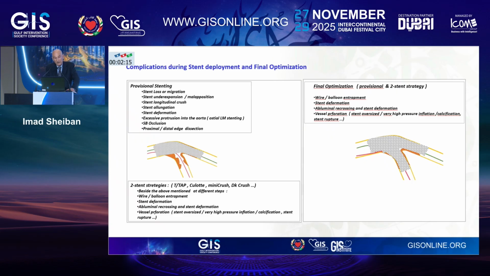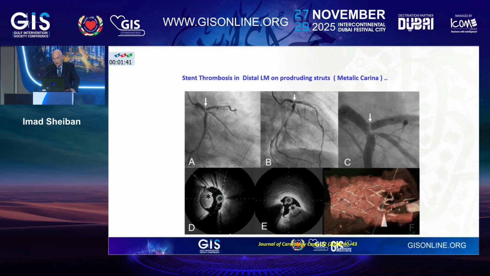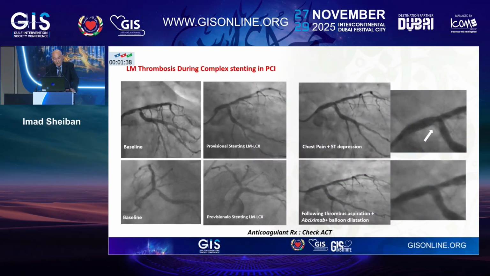Complications coming from stenting, from any strategy of stenting, could be crossing beyond the stent and crushing the stent, as well as deforming the stent, as well as creating a metallic carina with bulky accumulation of metal in front of the ostium of the side branch, which is then difficult to recross and correct your position.